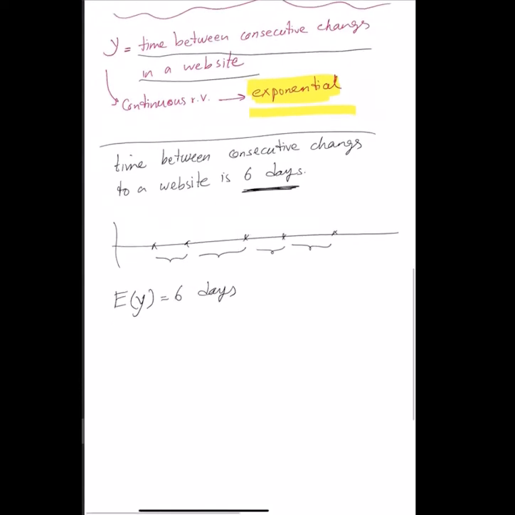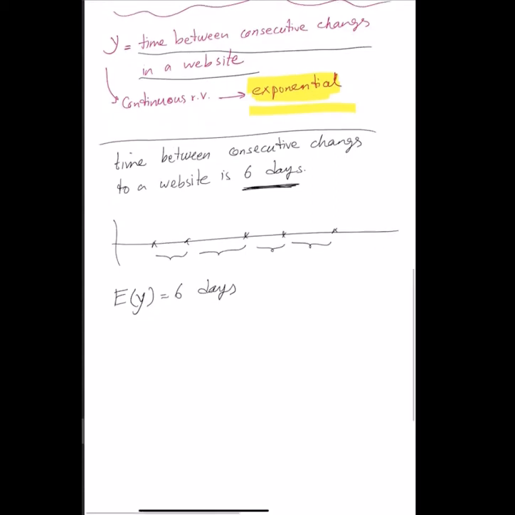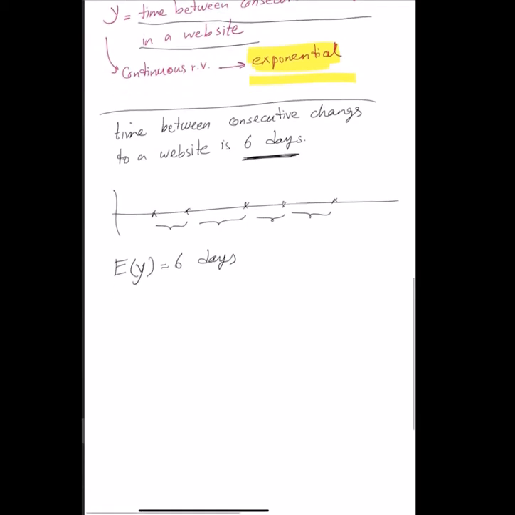That's what we can read from the problem statement. Let variable y denote the time till next change. So the time between consecutive changes, or the time till next change, is our random variable, which has an exponential distribution. What is the probability that the next change occurs in less than 4.5 days?